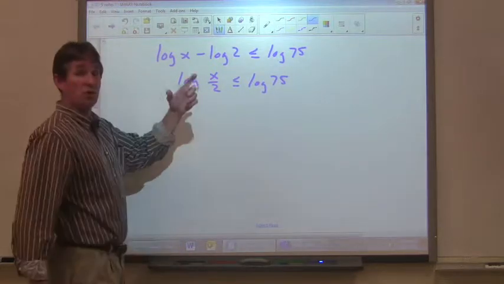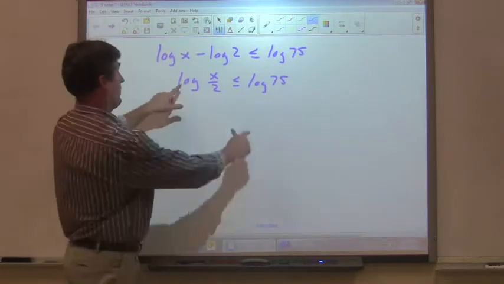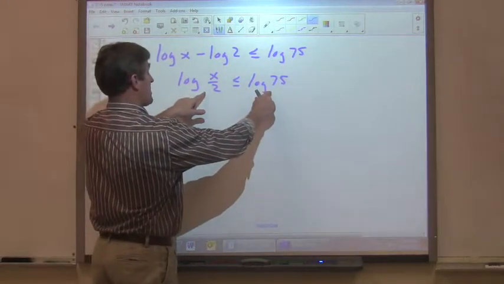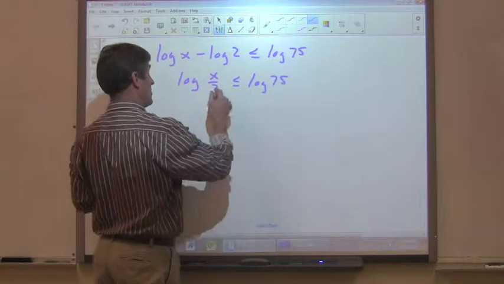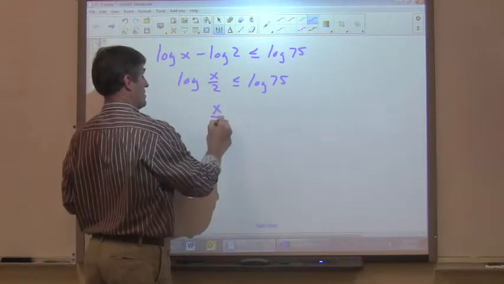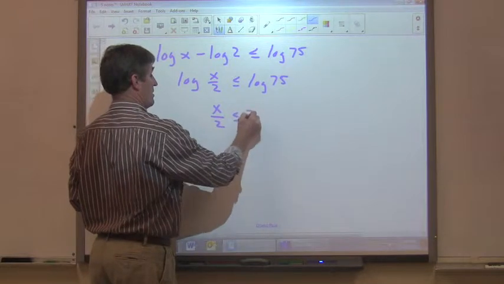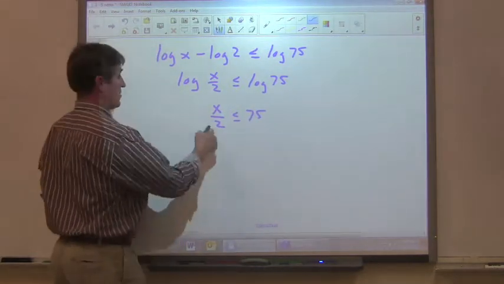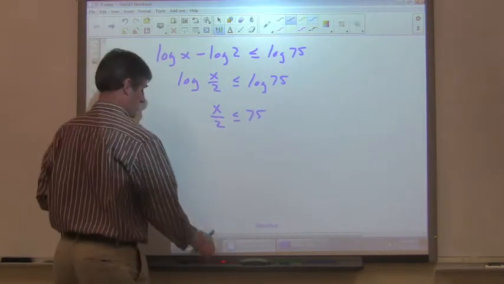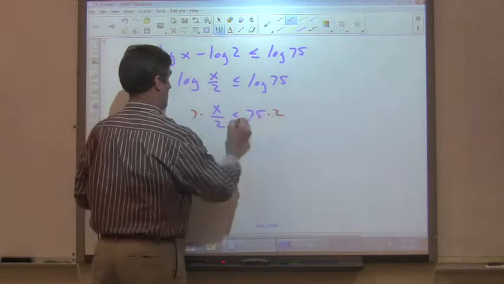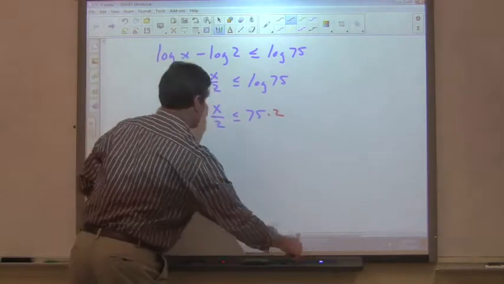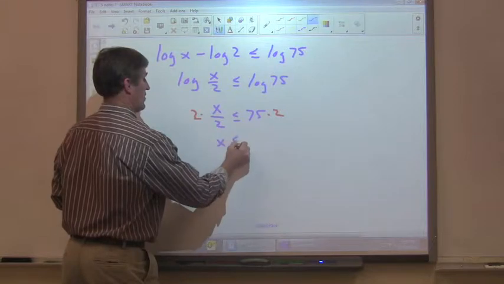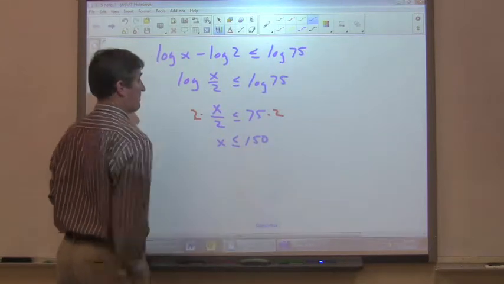And now we use the rule that we originally had today, that if we have a logarithm of the same base, then we can just drop those. So now we multiply by 2. And we get x is less than or equal to 150.